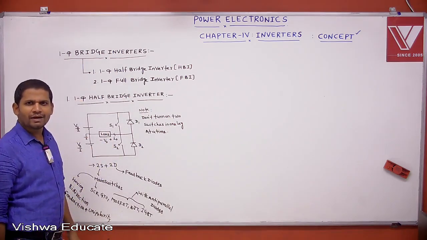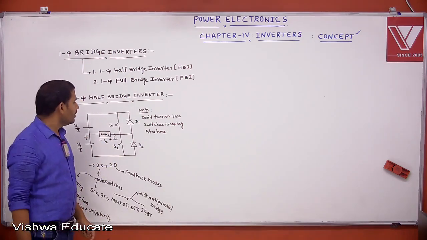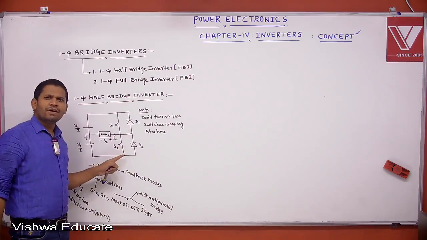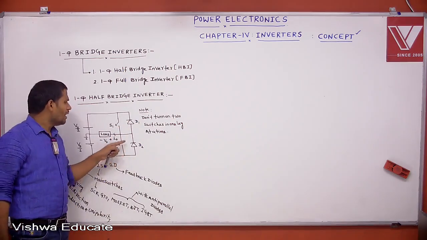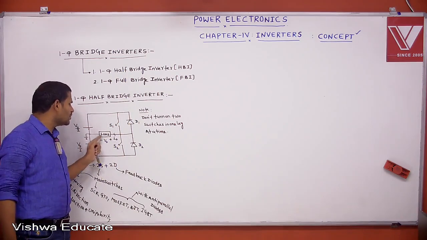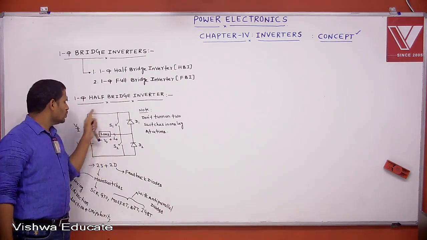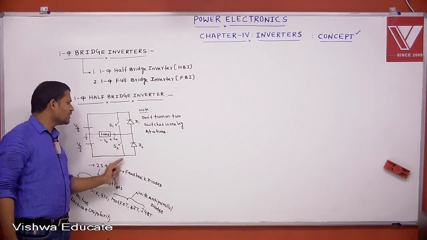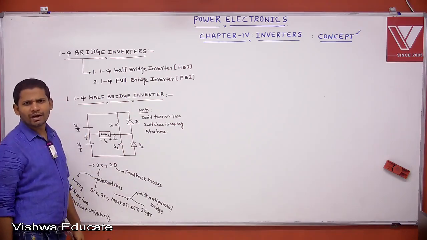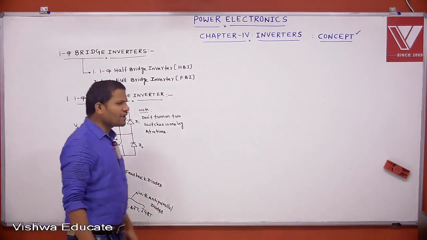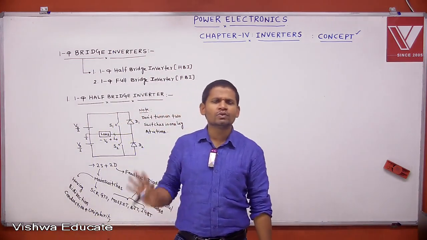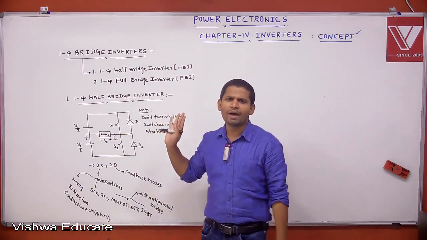That statement I already gave in the rectifiers. Why am I saying that these D1, D2 are feedback diodes? These diodes will supply the current to the load through the source. The diodes which supply the current to the load through the source are called feedback diodes.